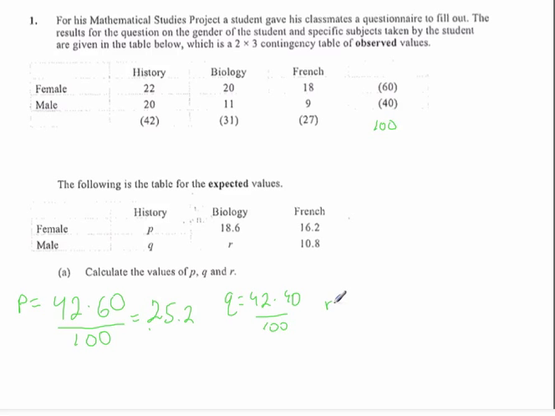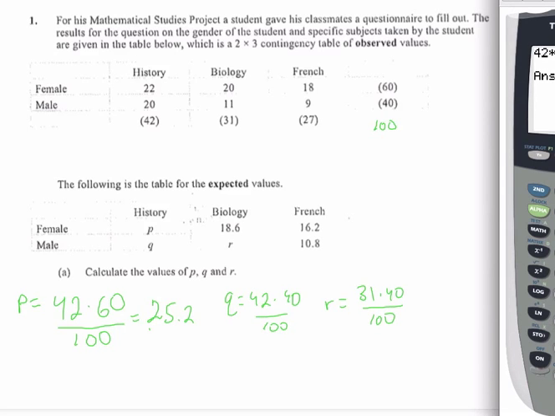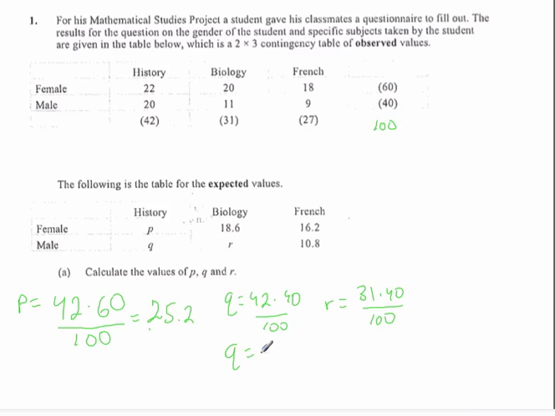And R is going to be 31 times 40 divided by 100. Okay, so I'm going to work those out real quick. 42 times 40 and divide by 100 is going to be 16.8. So Q equals 16.8.